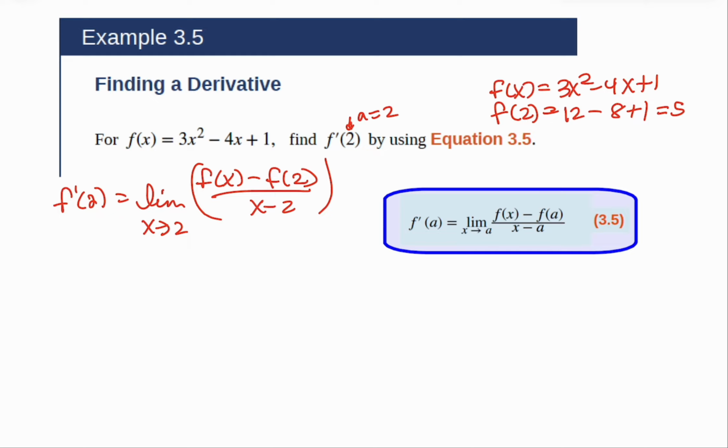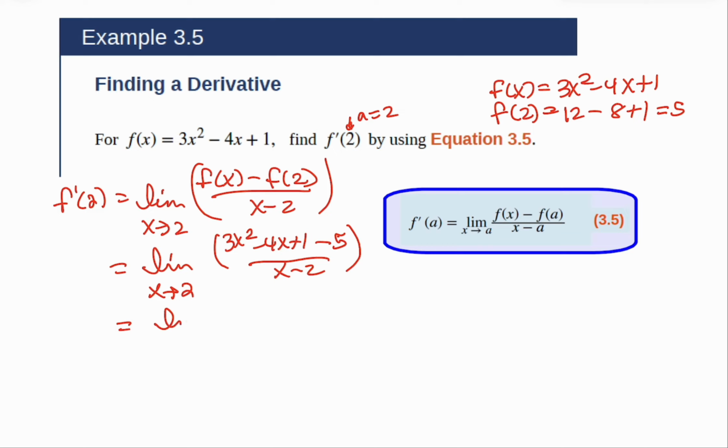Now we know what f of x is, we know what f of 2 is, so let's plug those things in. We're going to get 3x squared minus 4x plus 1 minus f of 2. If it was negative, I would definitely use parentheses, but it's just a 5, so we could just minus 5. Now let's simplify that as much as we can.